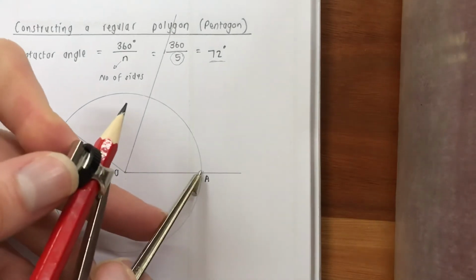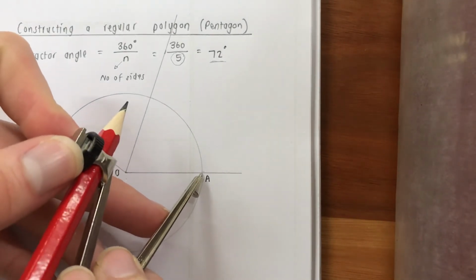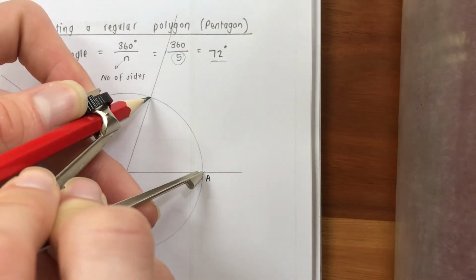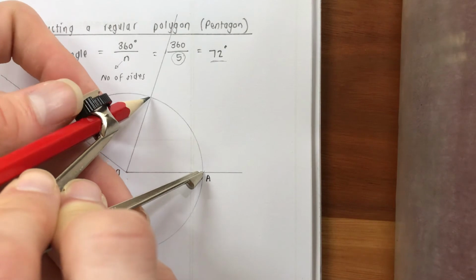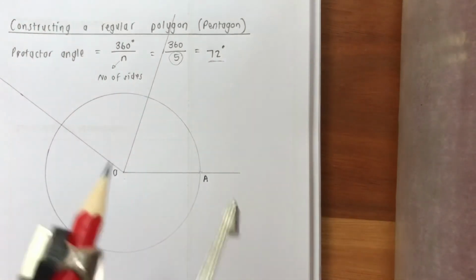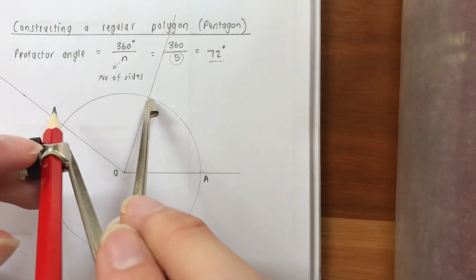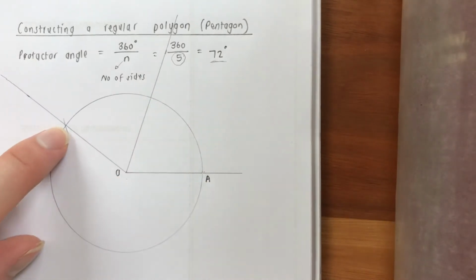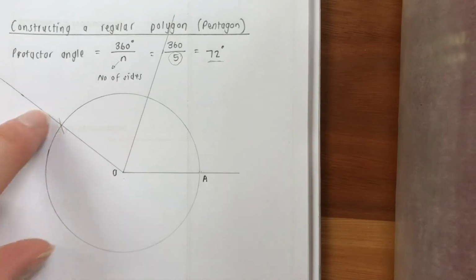You place the tip of your compass on that point there, and open it up till that point right there, and then you keep this distance, and everywhere you're going to place that compass you make that mark. Can you see? That mark is exactly where we measured our 72 degrees.